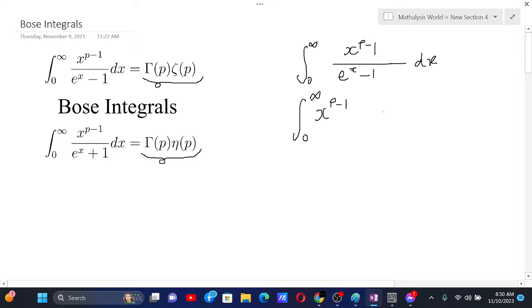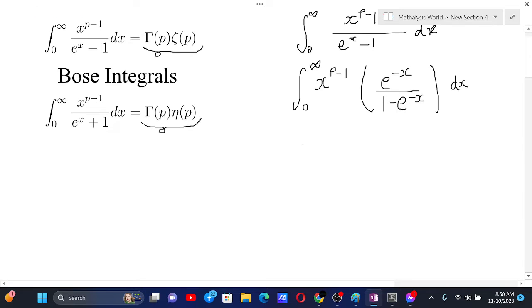So this can be written as e to the power minus x by 1 minus e to the power minus x. If we multiply the numerator by e to the power minus x, this goes into the form of a by 1 minus r.